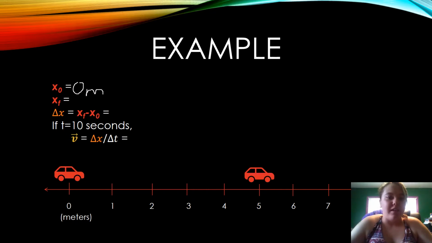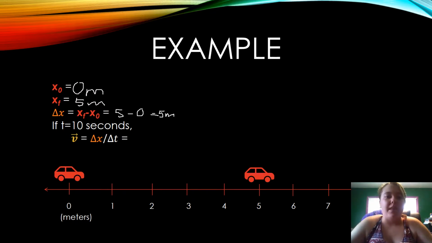And then our x sub f, our final position, is 5 meters. And we always have to include our units. Units are very important. And our delta x, our displacement, is our x final minus our x initial. So we have 5 meters minus 0 meters equals 5 meters. And again, sorry for the handwriting. It's not going to get much better.